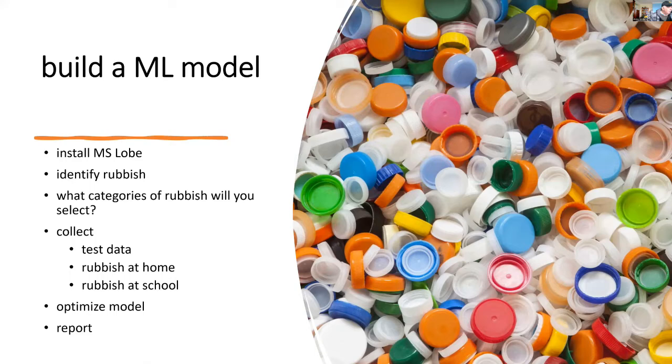So we're going to build a machine learning model. And we've installed Microsoft Lobe. That's been done already. We're going to identify the rubbish. And we need to also identify the categories of the rubbish. And ideally, these should match the bins that you've got.